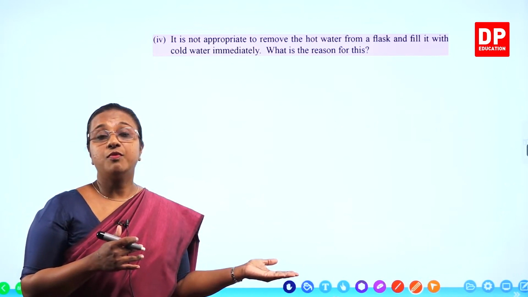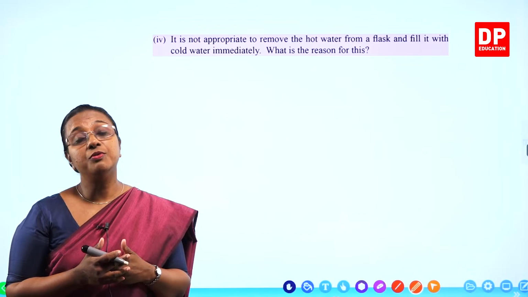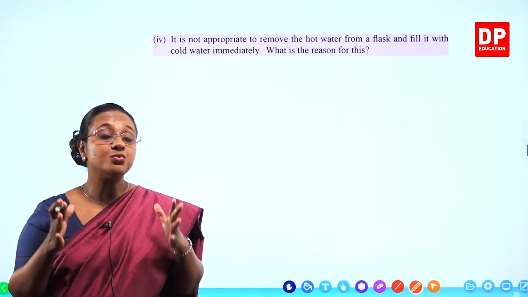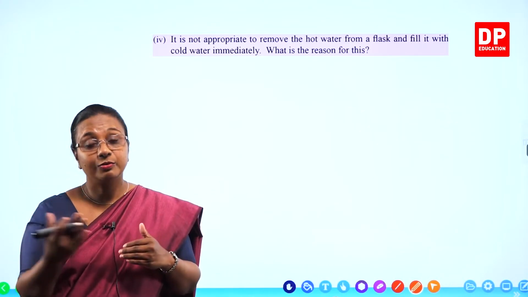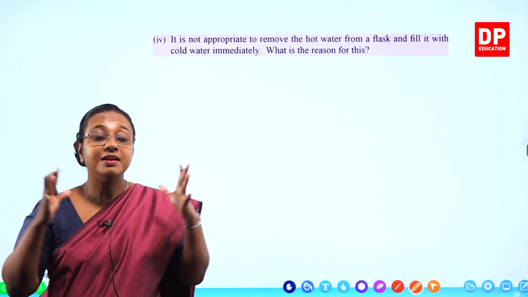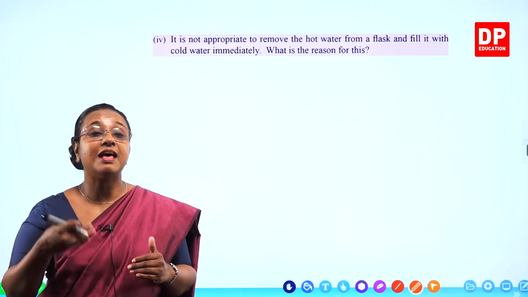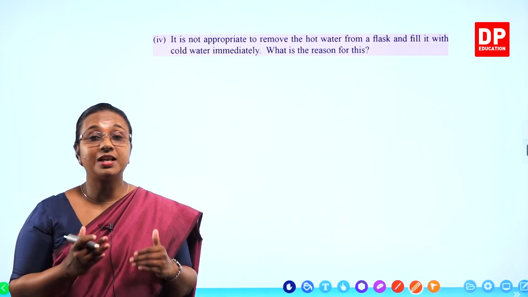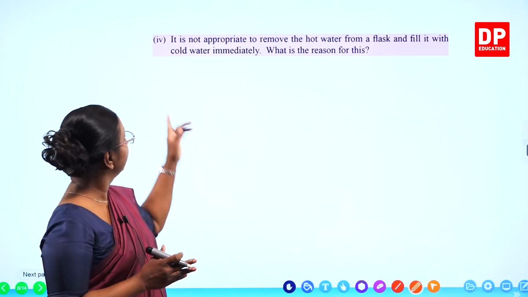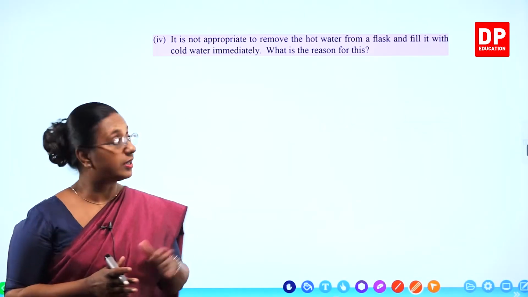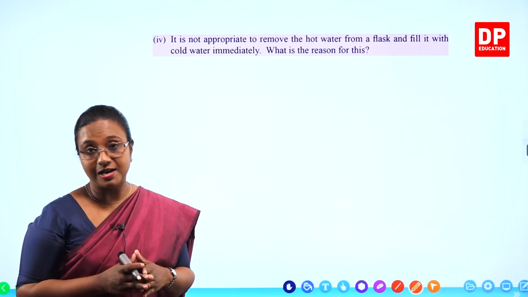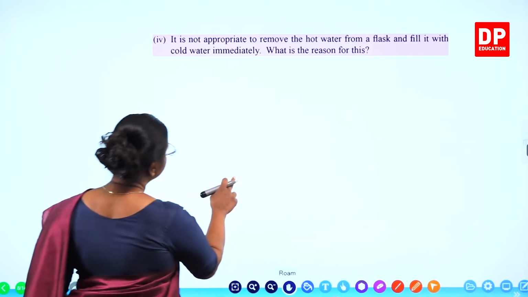If you remove hot water and immediately pour cold water into it, then what will happen is the glass will contract quickly. So because of that, the expanded glass undergoing contraction at a rapid rate will cause the glass to crack. So to prevent that, we should not fill the thermos flask with cold water immediately after removing hot water from the flask. That is what you have to write here.